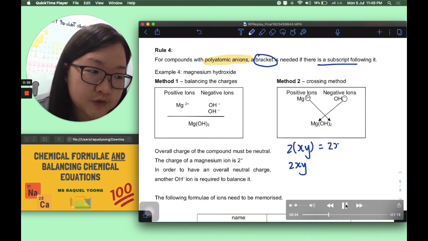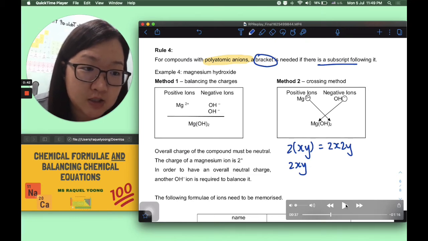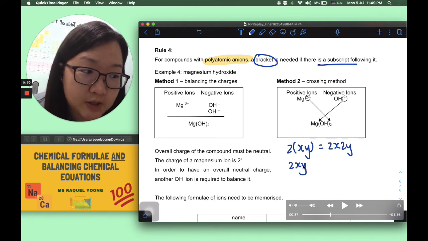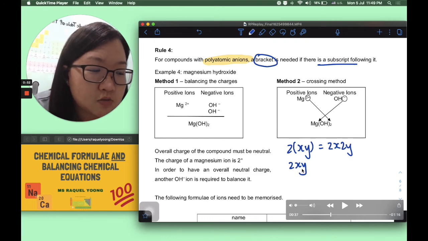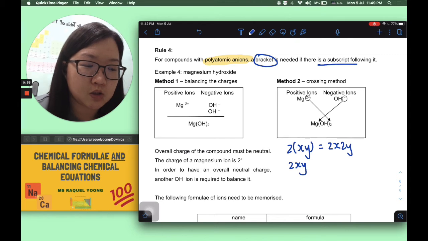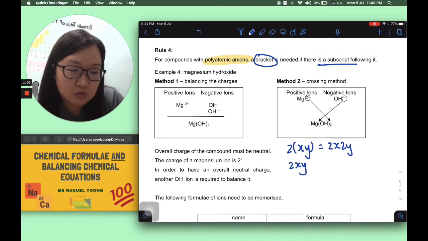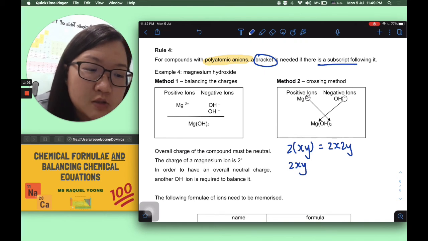For the first expression, I can expand out, multiply the coefficient 2 into the elements that are in the bracket, to get 2x, 2y. That is very different from just plainly 2xy at the bottom. So we can see that in math as well as over here in chemical formula, the use of brackets will mean very different things.